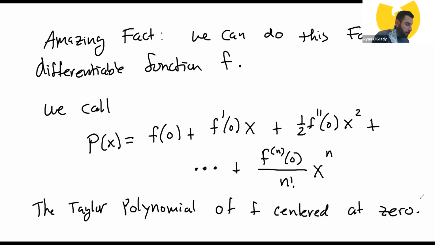So this is overwhelming notation, but this is what we did last problem. We took the function and we evaluated it at 0. We took the derivative, evaluated at 0. We took the second derivative, evaluated at 0. Now, if we did this in general for an arbitrary function f, this is the pattern we get.